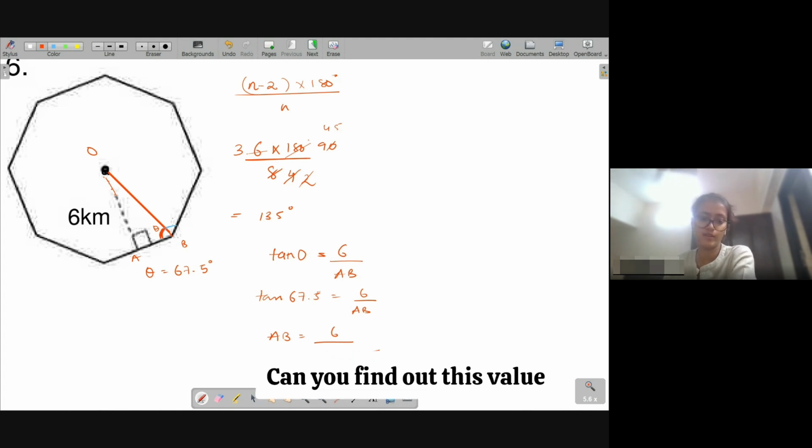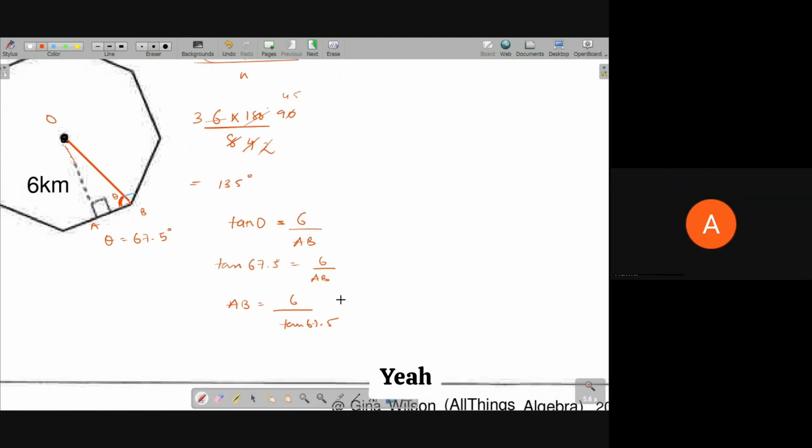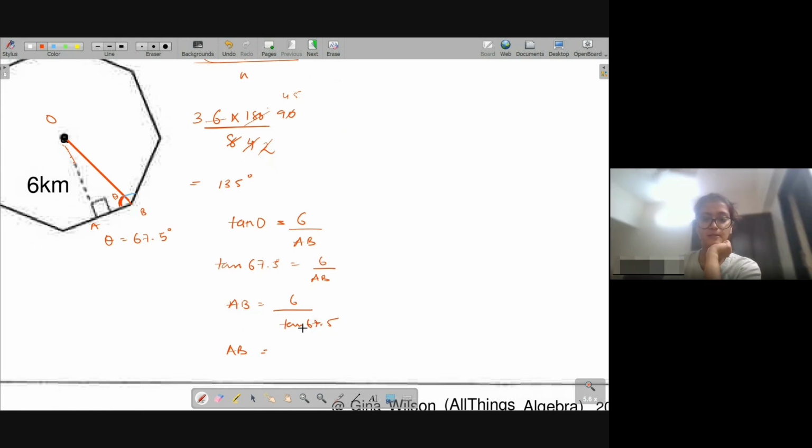Can you find this value? 6 divided by tan. I got 3.36. Can you check?